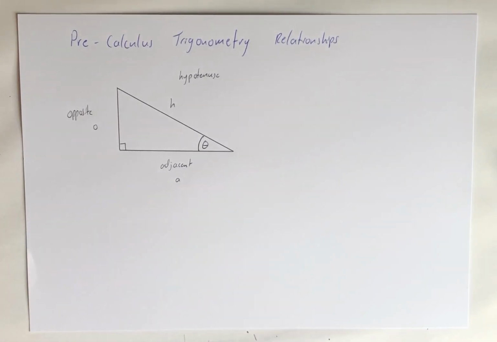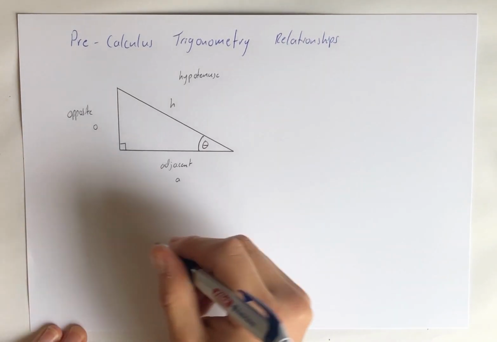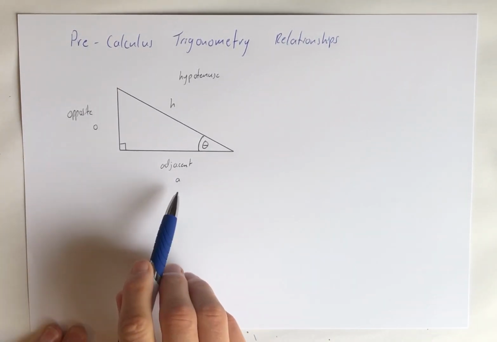So you know from basic right angle trig that there's three trig functions, and those come from ratios of sides.